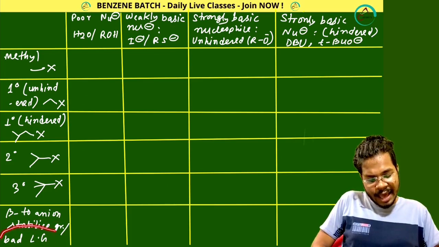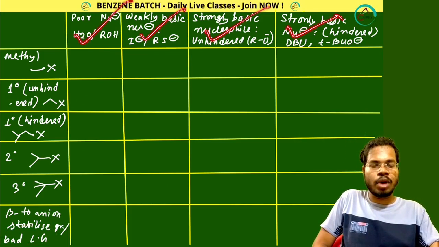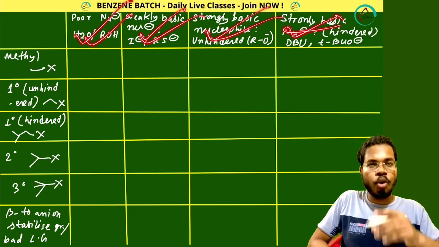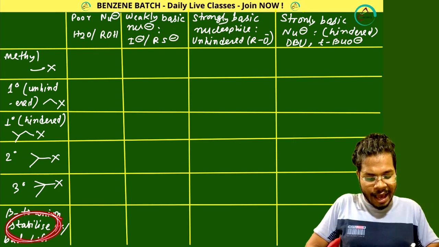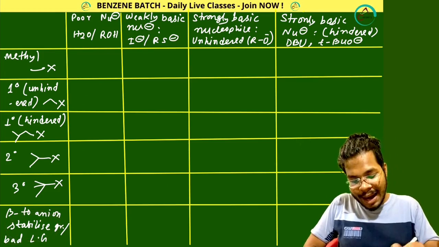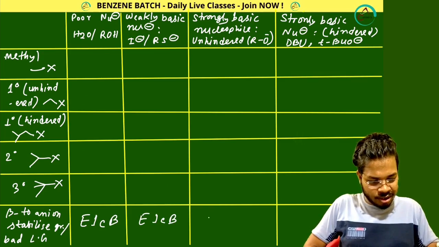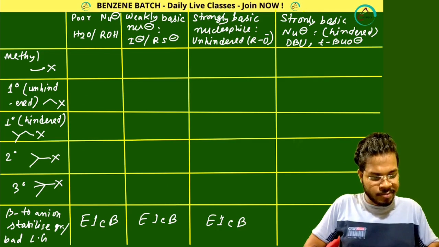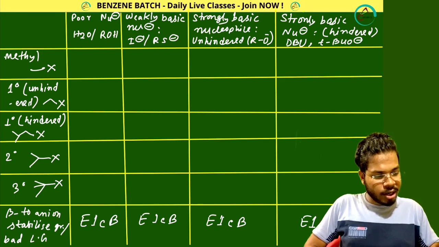So if the system has a bad leaving group, whatever my nucleophile or base is, strong, weak, poor, good, all the system will participate into E1cB reaction. This is the shortcut method.